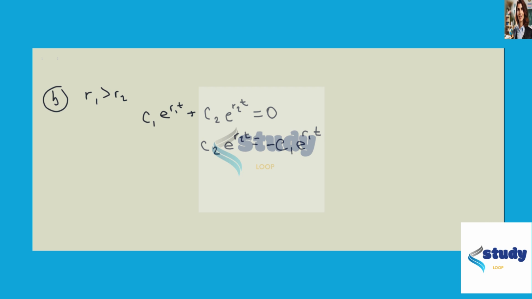Getting C2 by itself, I divide out my e to the R2 t.